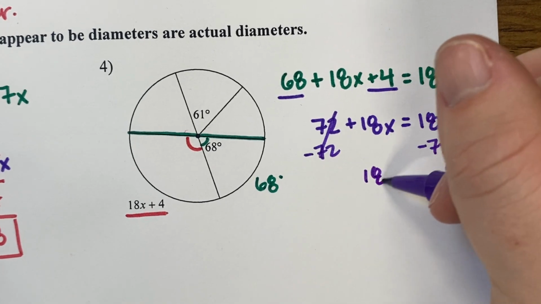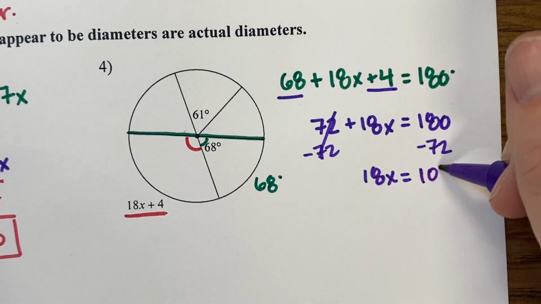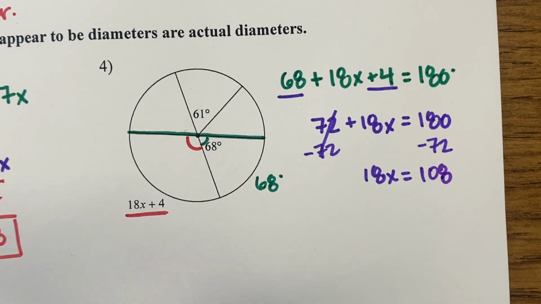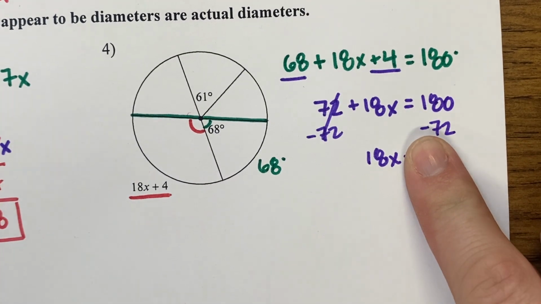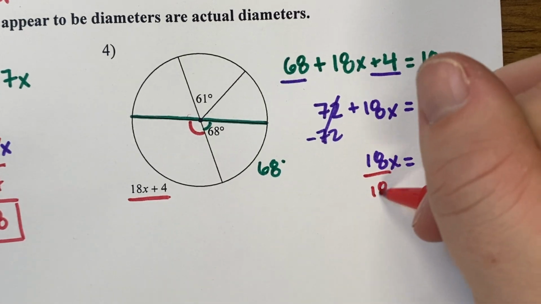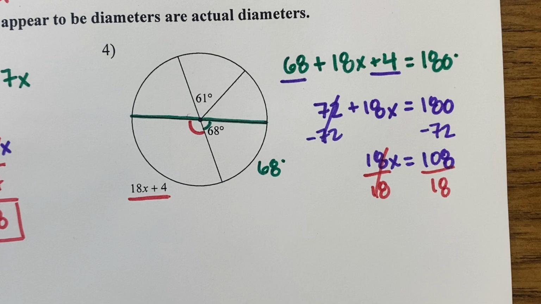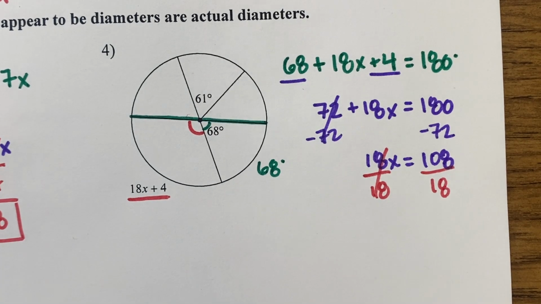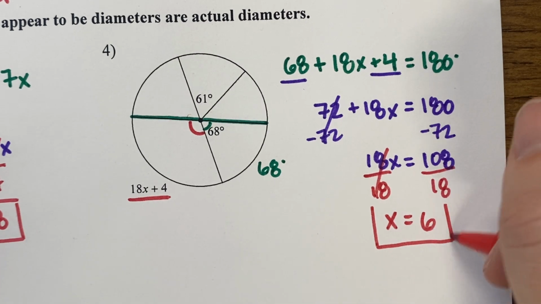We get 18x is equal to 180 minus 72, 108. Okay, and my last step, opposite of times by 18, is to divide by 18. So I get 108 divided by 18, x is equal to 6.